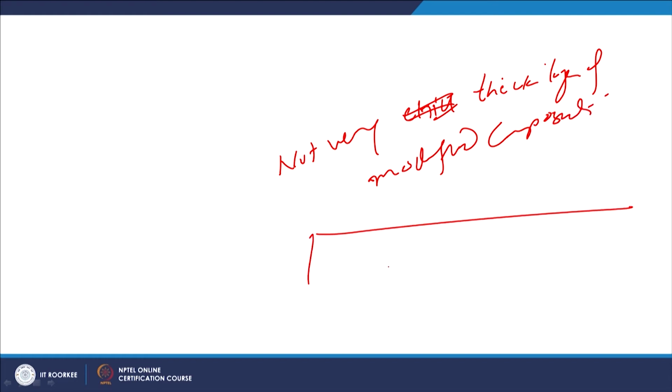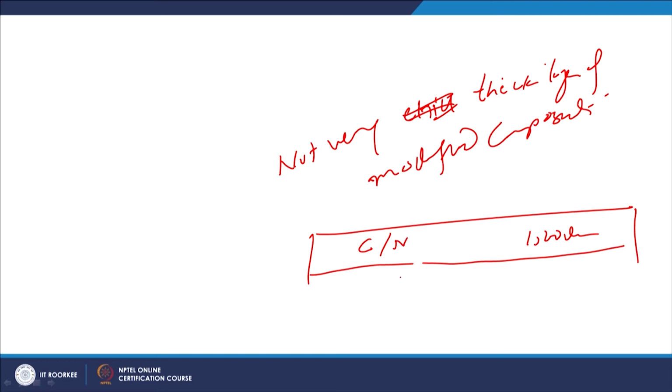Like we have seen in case of carburizing and nitriding, which can be up to like 1500 micrometer. For carburizing 1.5 mm is very common. For nitriding maybe like 200, 300, 500, 600 micrometers or so. But this is true for the carburizing or nitriding or cyaniding kind of processes.